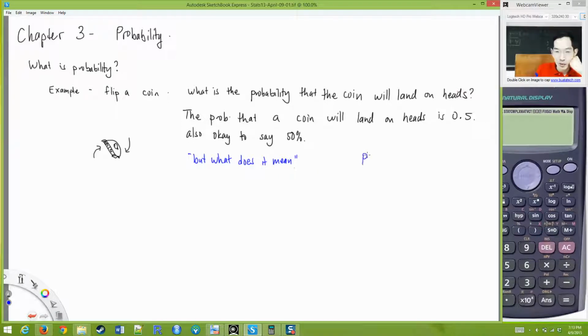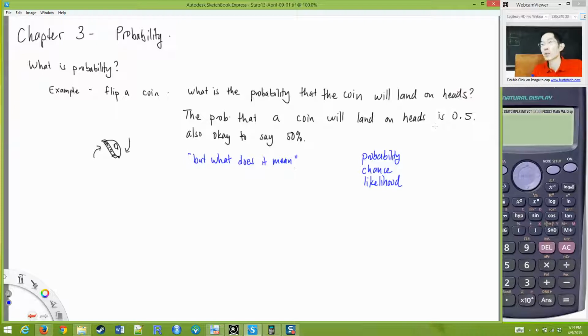We've got probability, and we have the word chance and likelihood, and these are all kind of interchangeable. I could just say, what is the likelihood that the coin will land on heads, or what is the chance that the coin will land on heads? And we're essentially all saying the same thing, right? The probability or the chance that a coin will land on heads is 0.5, or the likelihood that a coin will land on heads is 0.5.